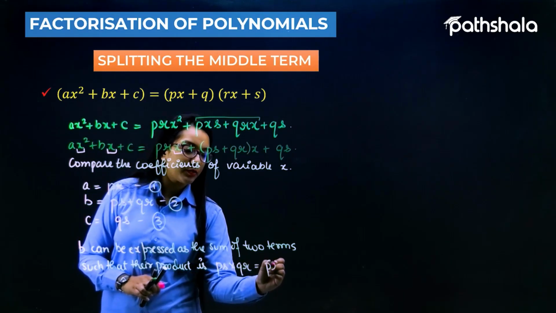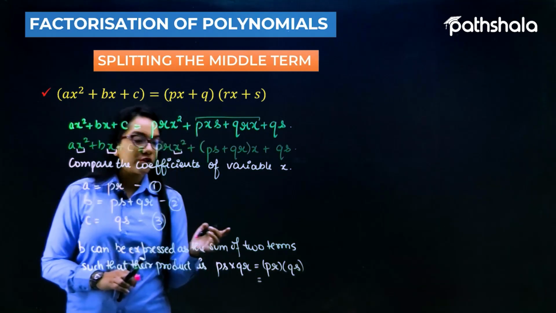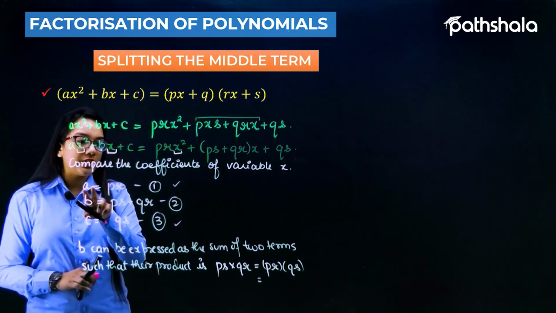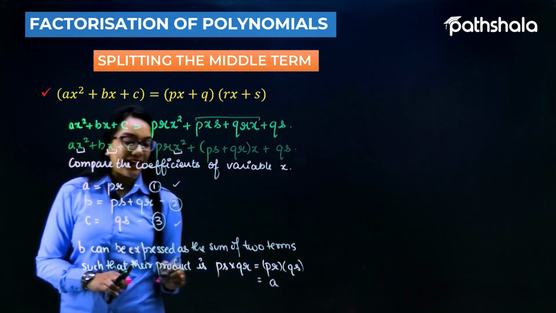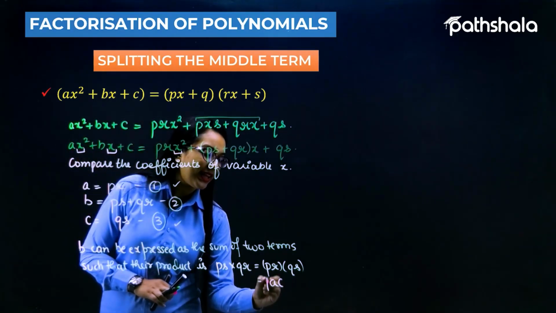Rearranging it, we can write it as pr and qs. We can see from equation 1 and equation 3 that pr can be written as a, and qs can be written as c. So this is nothing but ac.